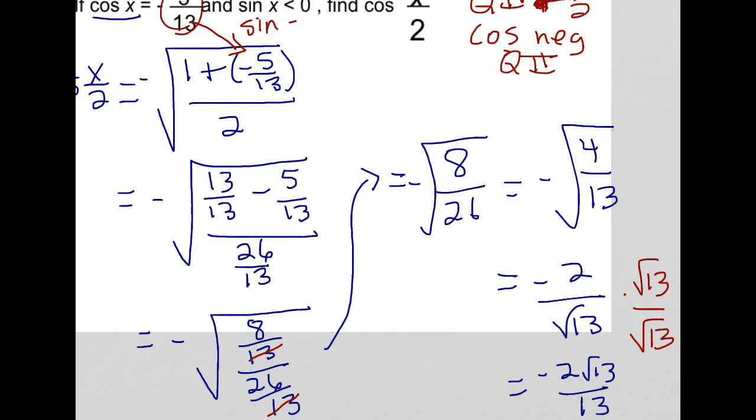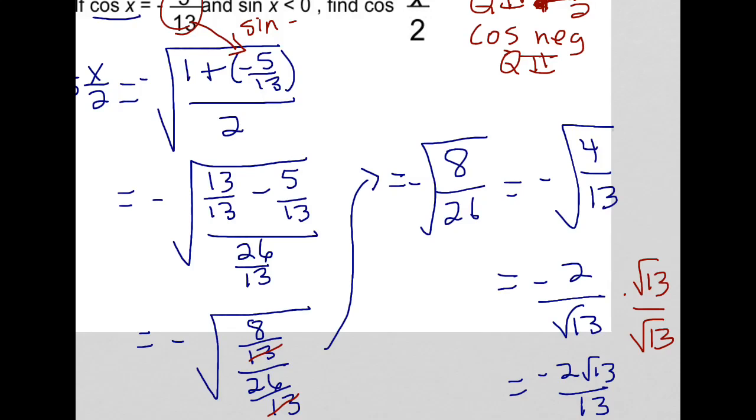I changed the 1 to a fancy form of 1, 13 over 13, so I would have the same denominator and can combine it into a single fraction. 13 minus 5 is 8, and it would be over 13. The 26 over 13 came from this 2. I simply wrote a fancy form of 2, because 26 divided by 13 is 2. And I chose to write it like that, so I could use the trick that if you have a complex fraction and they both have the same denominator, they will cancel out. Because if you use keep flip change, they would cancel out.